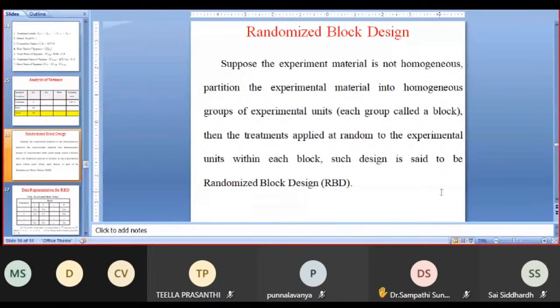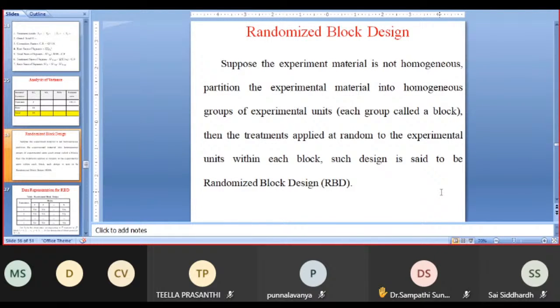Now I'm vaccinating against COVID, so then we can study the effects. Already the experimental material is not homogeneous. That means our experimental units are not homogeneous individuals, so different groups. Whenever you are dividing them into different groups, this is called blocking. This is one of the major concepts.